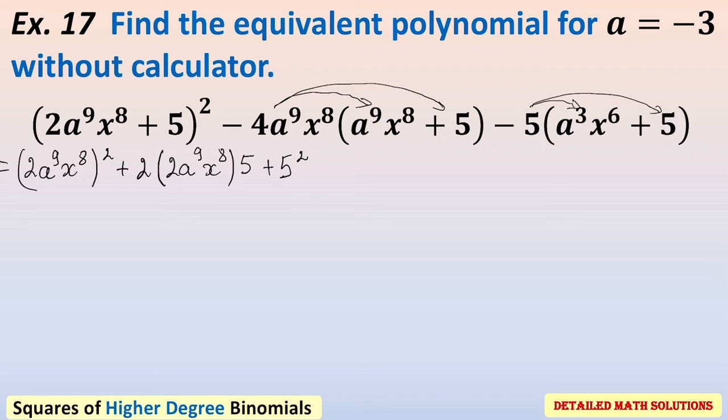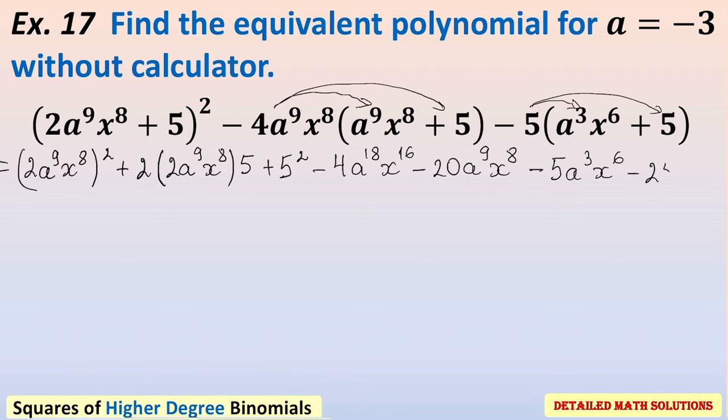When I do that, I get negative 4a to the 18th power x to the 16th power minus 20a to the 9th power x to the 8th power minus 5a cubed x to the 6th power minus 25.